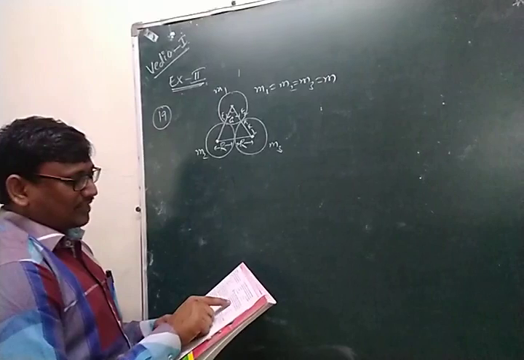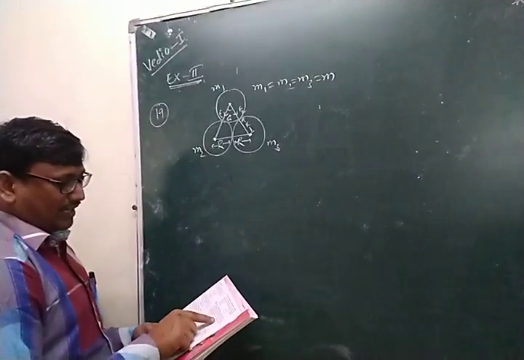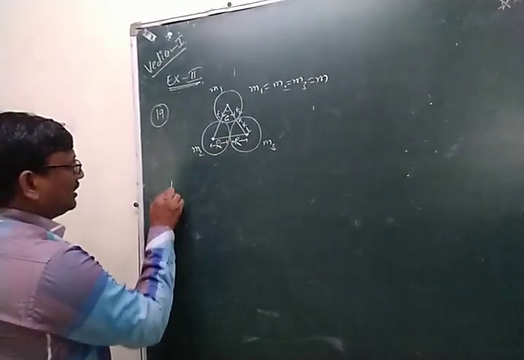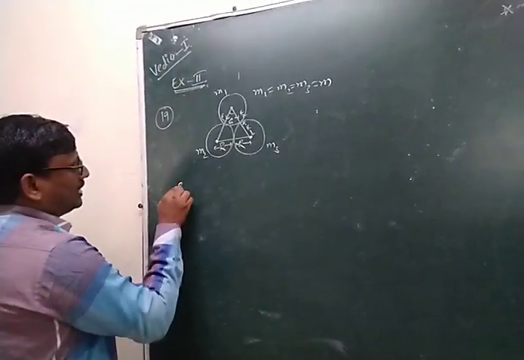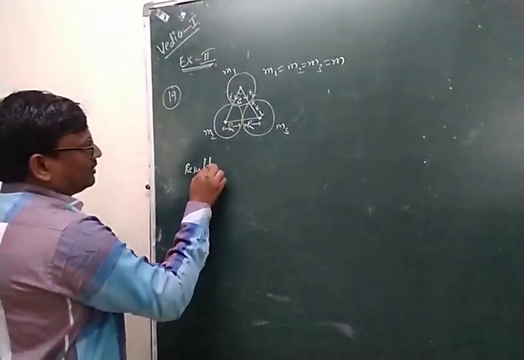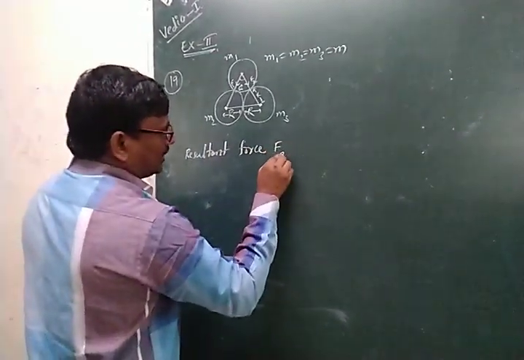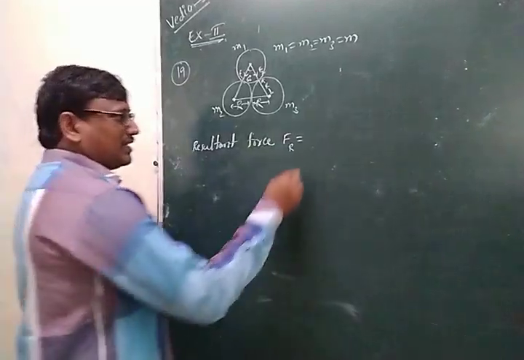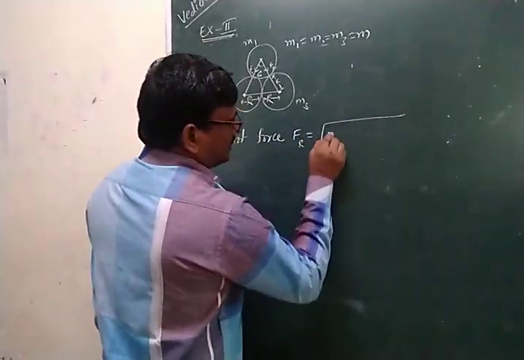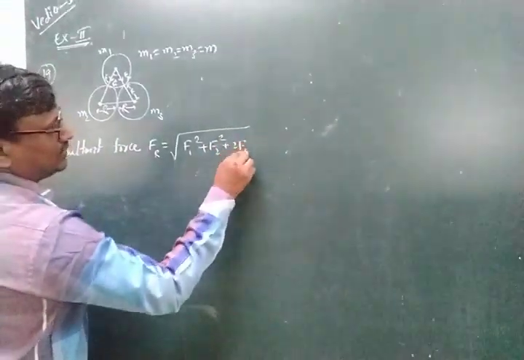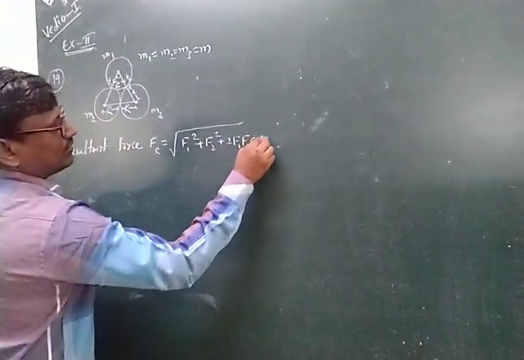We have to find the magnitude of the gravitational force on any sphere due to the other two, so we find the resultant force. The resultant force Fr is equal to the square root of F1 square plus F2 square plus 2 F1 F2 cos theta.